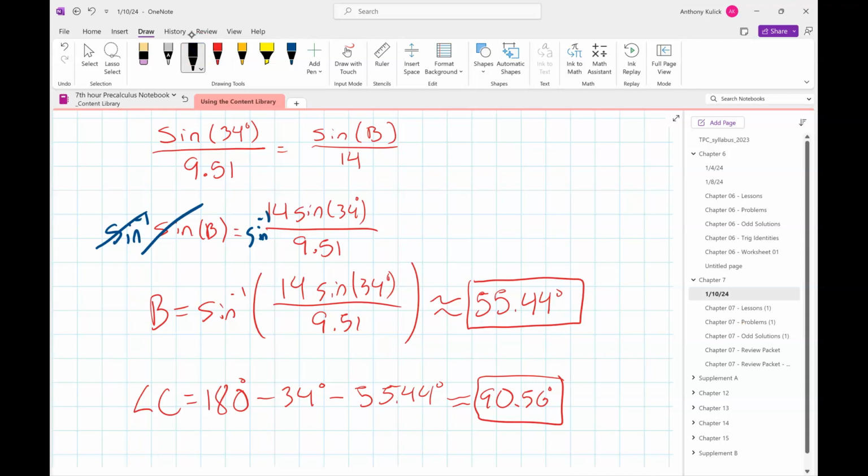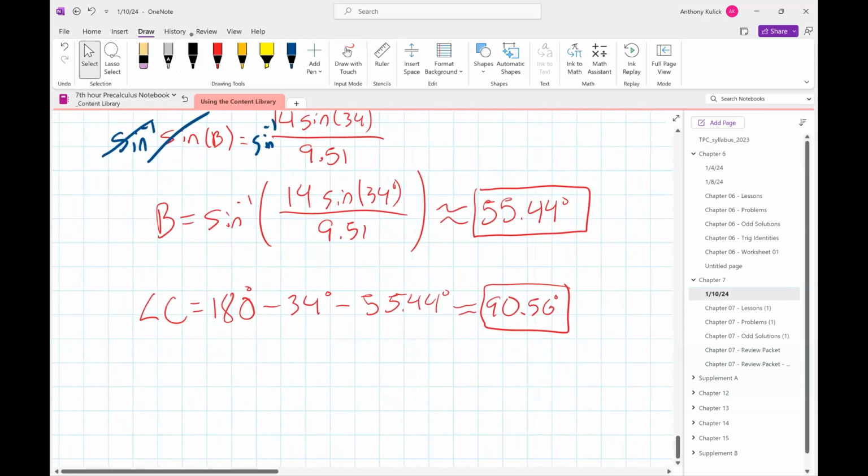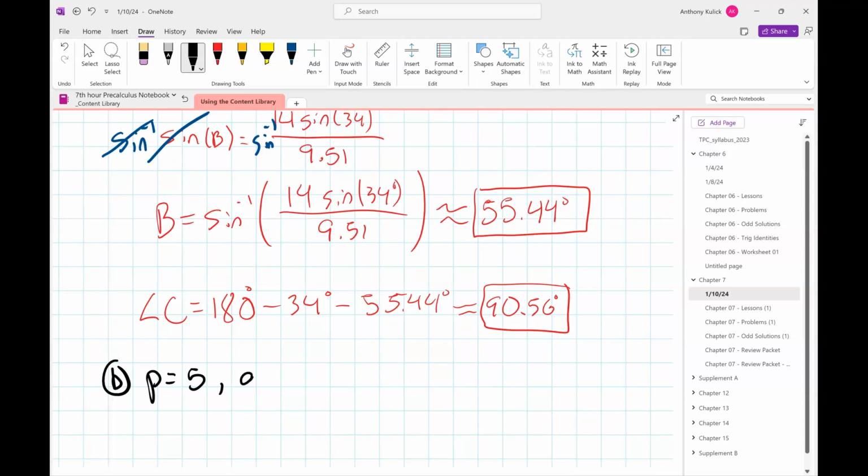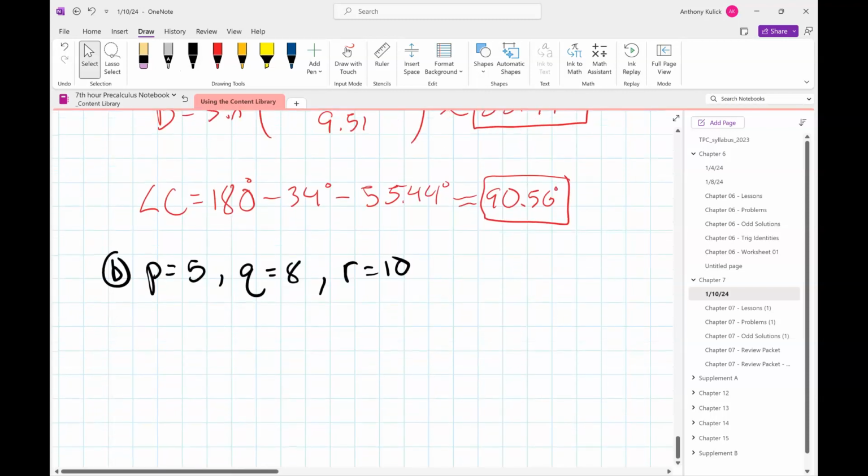Okay. I'd go back and write these in our picture to check them, but I'm going to skip doing that in the interest of time. Our last example now. Side P is 5, side Q is 8, side R is 10.